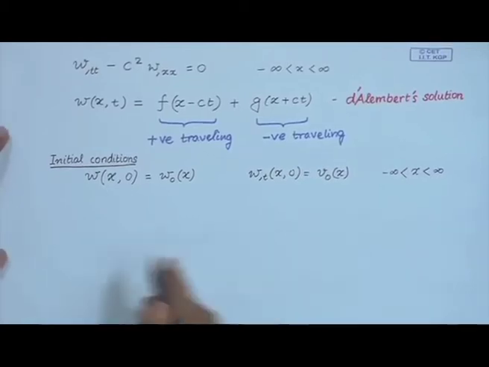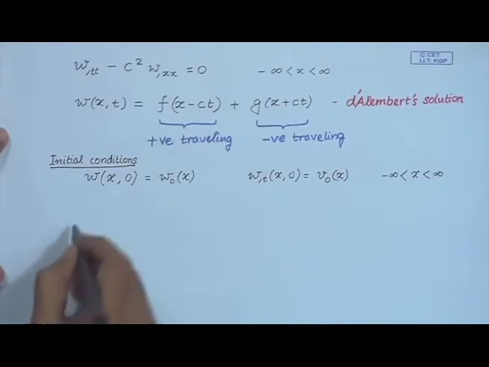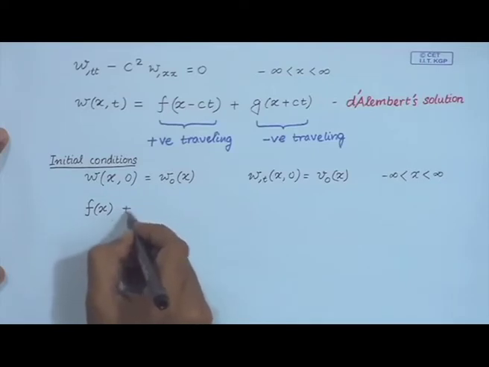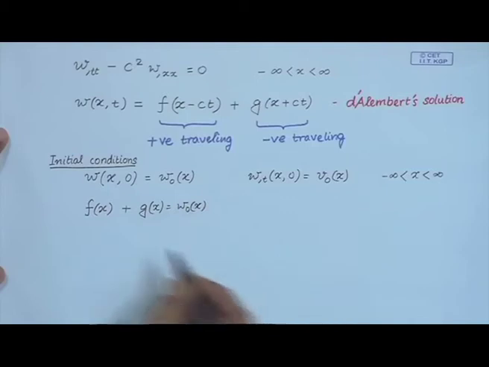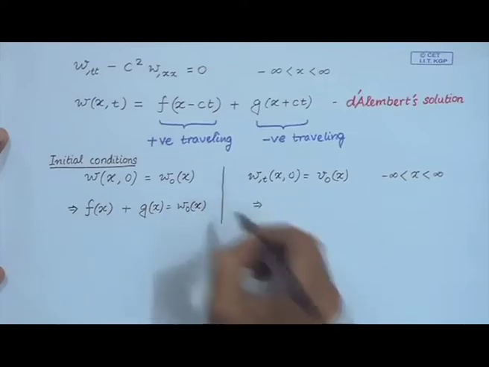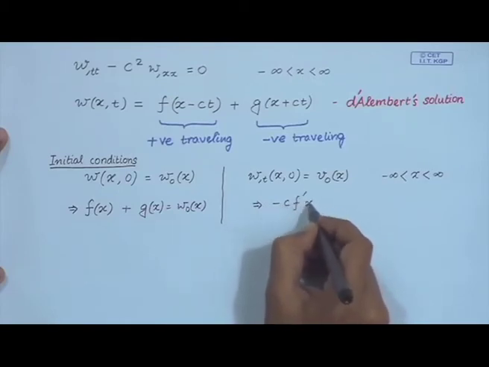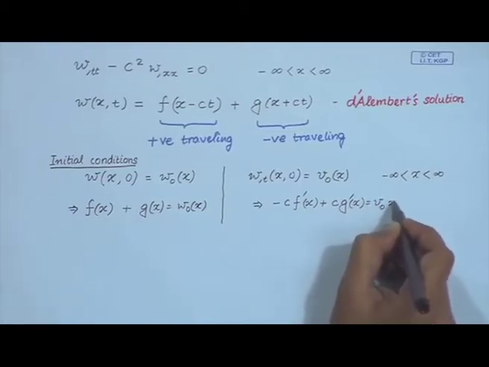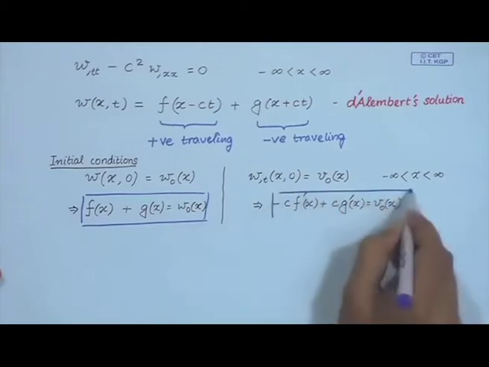Let us then substitute the general solution form in the initial condition expressions, and we obtain from here, and from here, these two conditions.